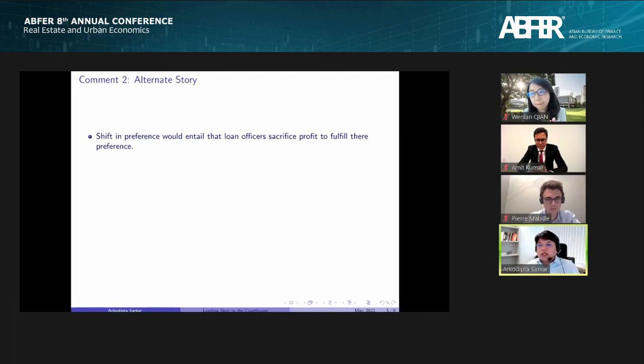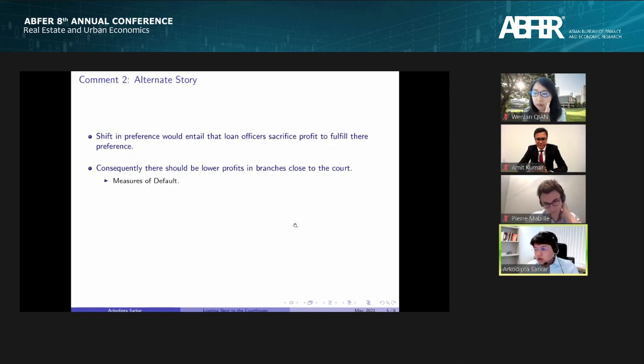So branches where managers have some biases in decision making, some behavioral biases or some lower risk appetite, would also lead to lower profits in branches that are closer to the courthouse, because they are not taking the optimal decisions, since they are having some biases. So one would expect to look at measures of default and see whether defaults are increasing or not, or some form of measures for returns on loans and so on.